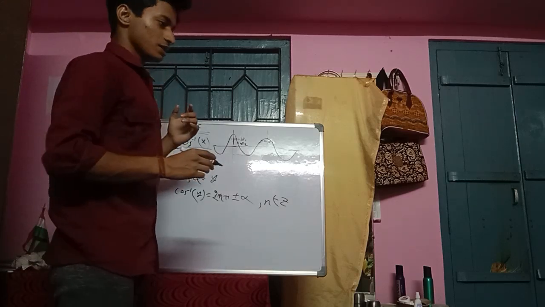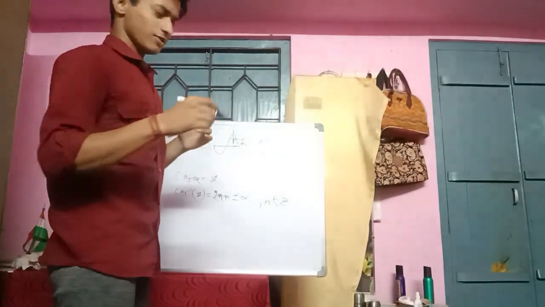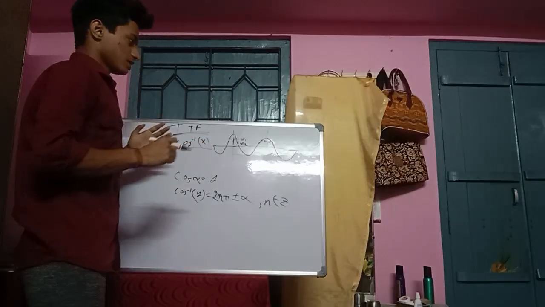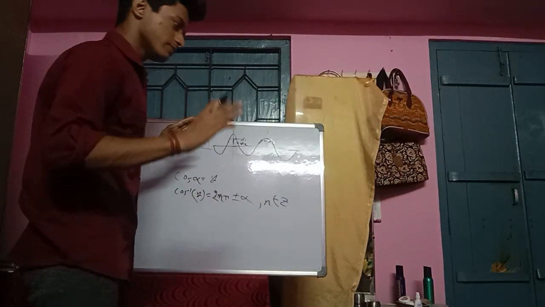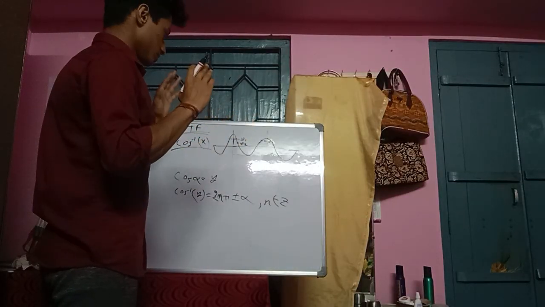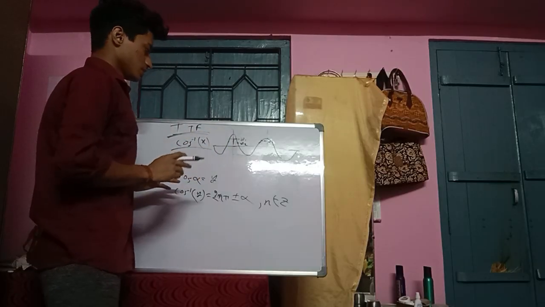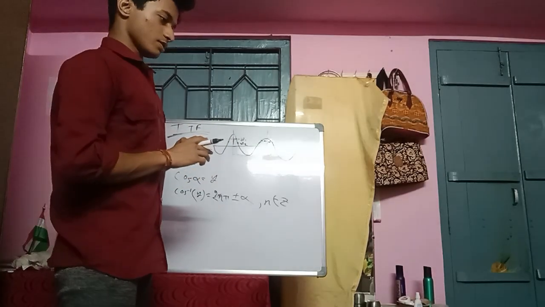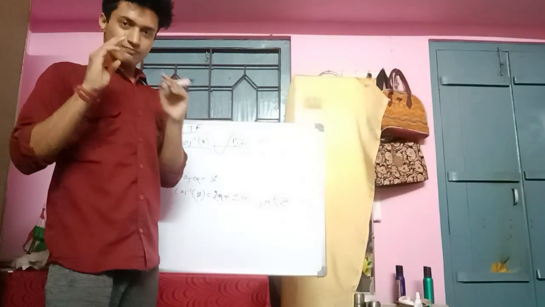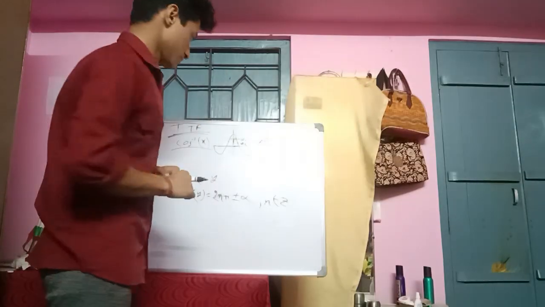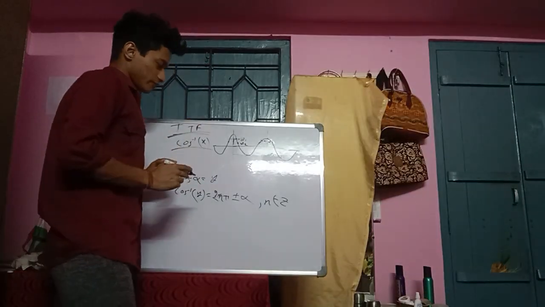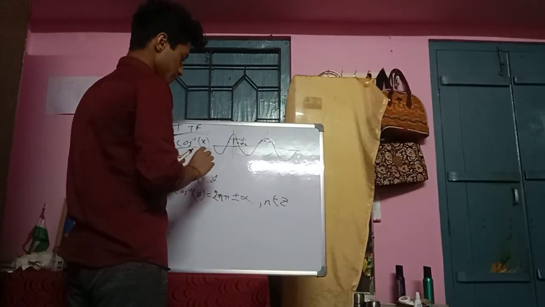I also told you that the range of prime values, at least for the first two trigonometric functions, is always going to be a range of pi radians or 180 degrees.